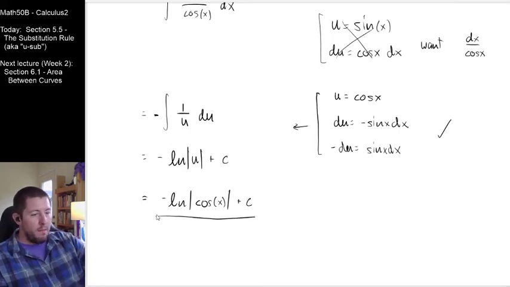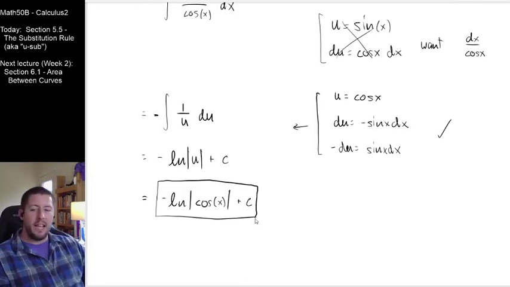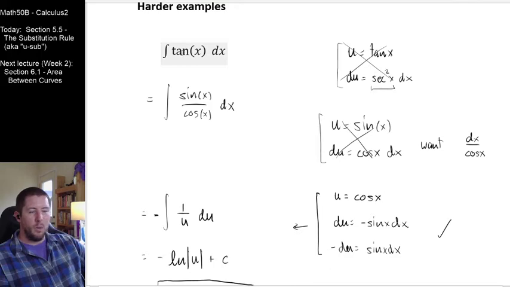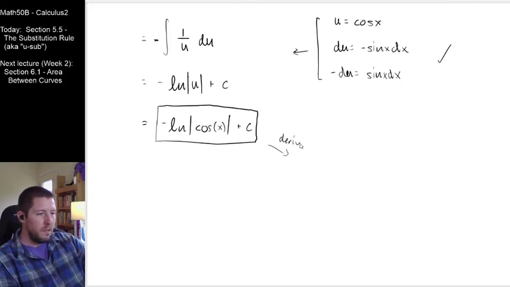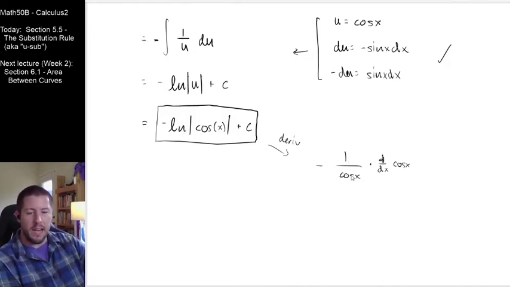And by the way, for all of these, never forget that you can take the derivative of every single one of these answers, and you should be getting back exactly what's inside of the integrand. If I take this derivative, notice that I'm getting negative 1 over cosine of x times the derivative of cosine of x. The derivative of the outside function, the derivative of natural log, gives you 1 over the inside, times the derivative of the inside, and that's going to give me negative 1 over cosine of x times negative sine of x.